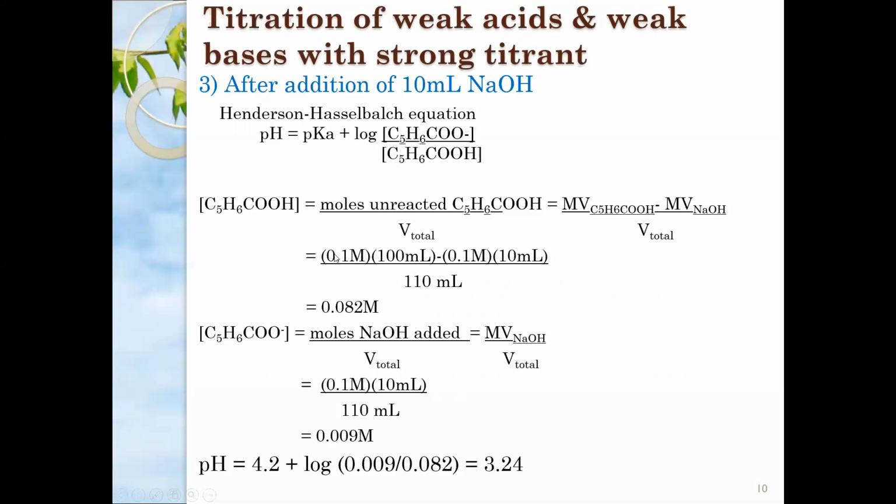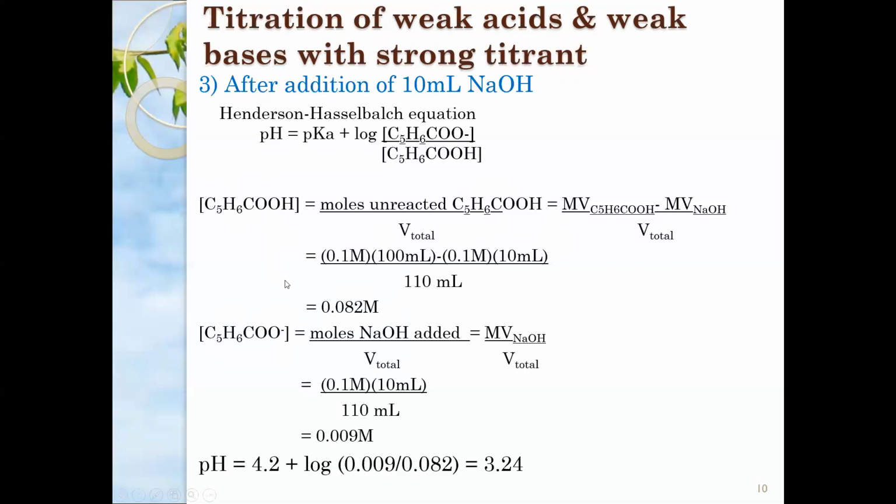Initially in the Erlenmeyer flask, you have 100 ml of 0.1 molar benzoic acid, and 10 ml of 0.1 molar titrant was added. This is the new volume after mixing, after the titrant had flowed into the Erlenmeyer flask. So this is the new concentration of the acid, because some of it has reacted with the addition of the base.